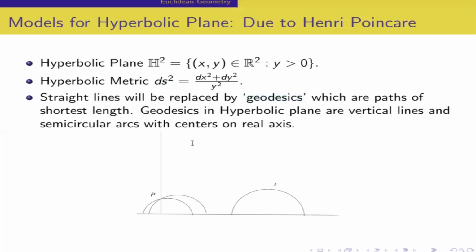One can prove that geodesics in this hyperbolic plane with this hyperbolic metric are vertical lines and semicircular arcs with centers on the real axis. This is the picture I have drawn here. This vertical line here is a geodesic, and if I take any semicircle with center on the real axis, this will also be a geodesic.